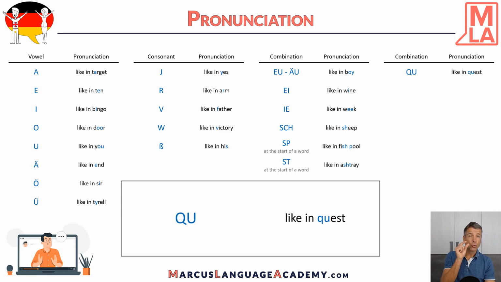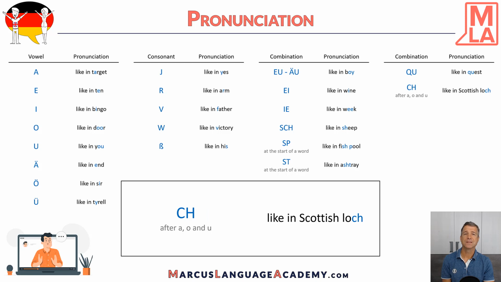When we have QU, it's pronounced like in quest. When it's CH after A, O or U, it's like the Scottish loch. And CH after other letters is pronounced like in huge, a little bit softer.